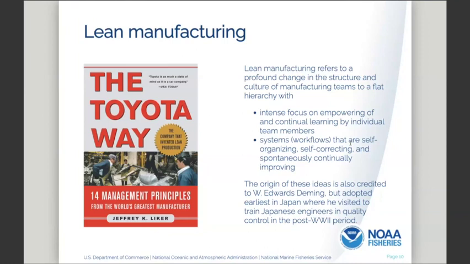But he was an industrial engineer. And so he began giving these workshops and lectures to Japanese industrial engineers. And so it wasn't that long. It may have been only a summer that he was doing these workshops. And they really took off with that. And these ideas spread throughout the Japanese automotive industry.